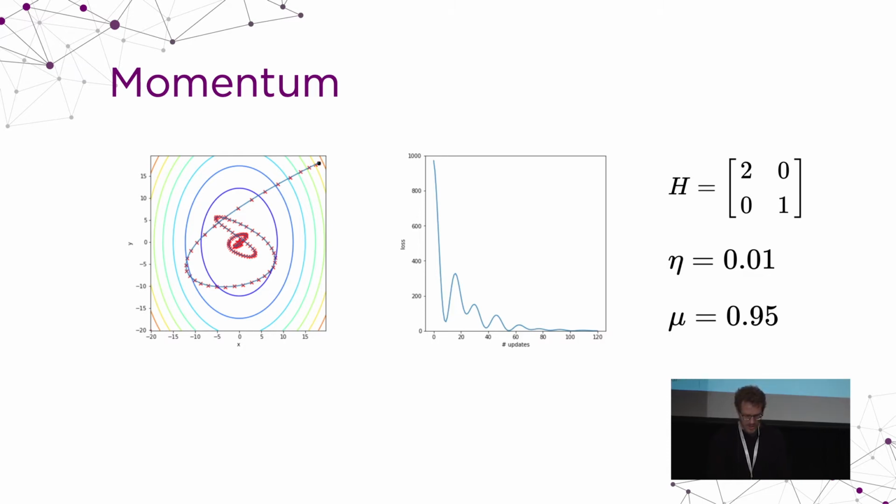And this algorithm is not a descent algorithm. Because of the speed that I'm taking in previous iterations, the new direction that I will obtain maybe is not a direction that will decrease my loss. Maybe it will increase it.